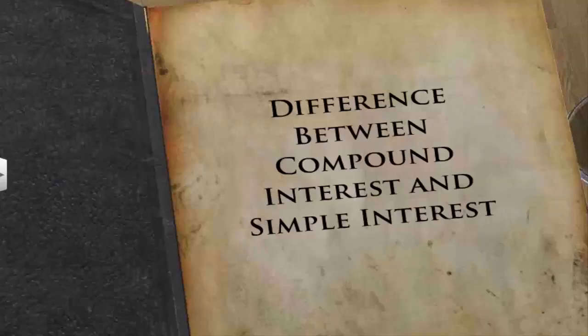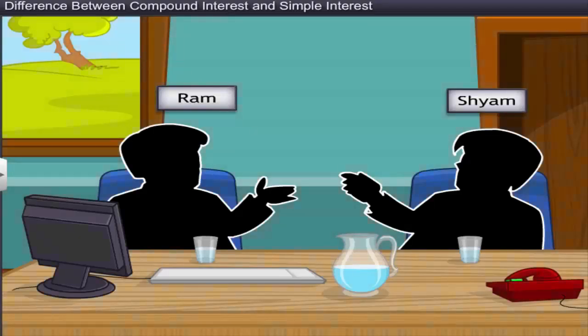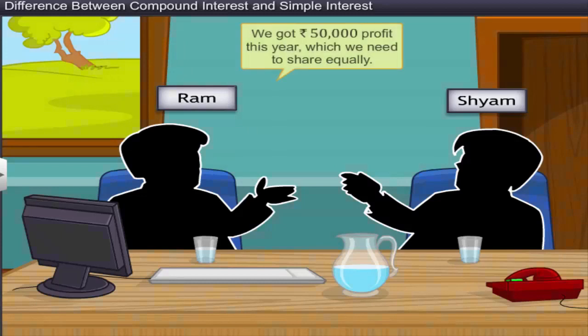In this module, you will learn to calculate the difference between compound interest and simple interest. Ram and Shyam are business partners. They earned a profit of 50,000 rupees this year, which they divided among themselves equally.